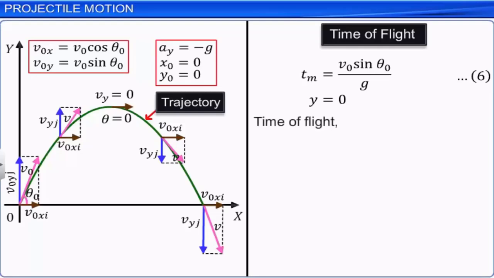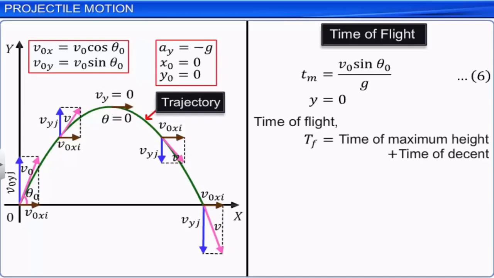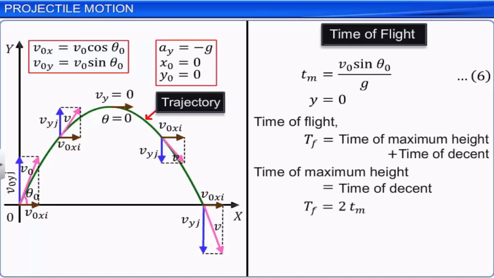By the symmetry of the path of the projectile, which is parabolic, the time of maximum height is equal to the time of descent. Therefore, Tf is equal to 2Tm. On substitution, we get Tf is equal to 2V0 sin theta 0 by g. Let this be equation 7.